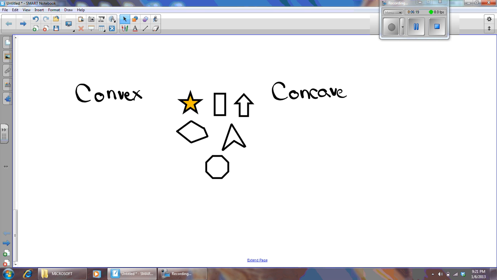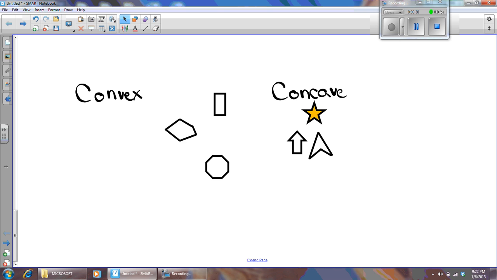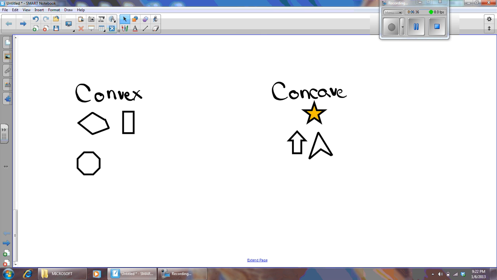The star is concave. This quadrilateral is concave, and the arrow is concave. All right. These are convex. Now looking at the examples, hopefully you start to see a concave polygon caves in on itself.